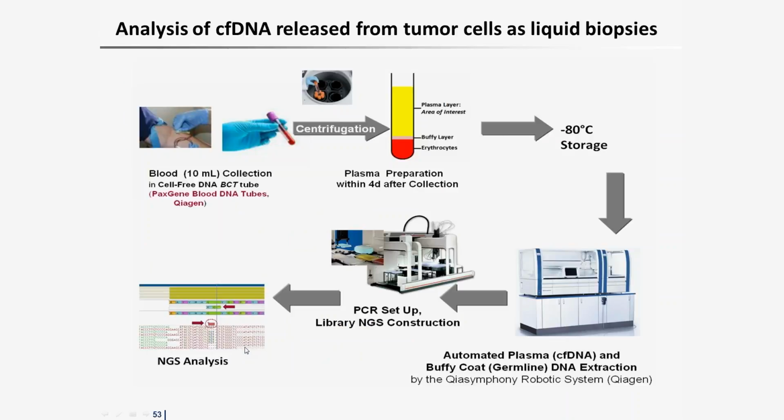So here we designed an SOP of the workflow using cell-stabilizing blood collection tubes, providing then a day time interval until plasma is prepared, and the samples are then stored until further use at minus 80 degrees, and the procedure ends up with next generation sequencing analysis.